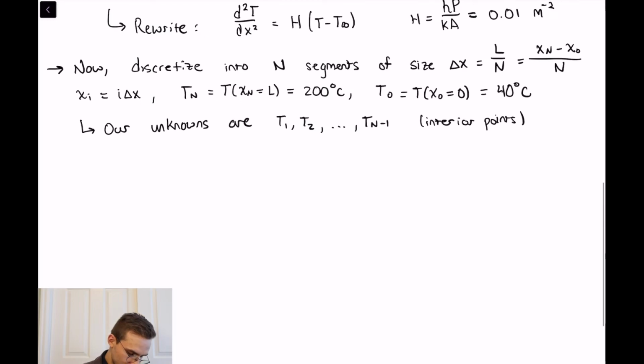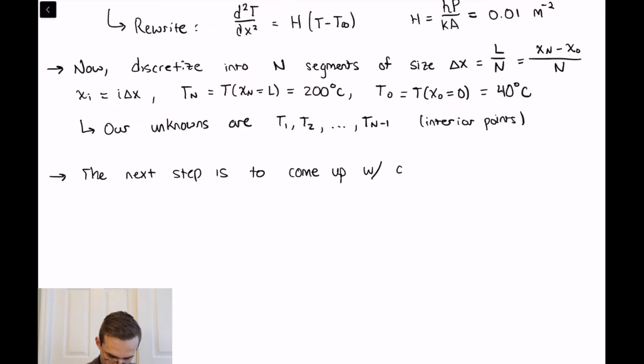So, in short, to write that down, the next step is to come up with a discrete representation of our governing equation.